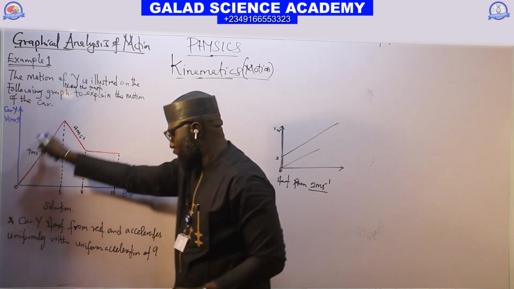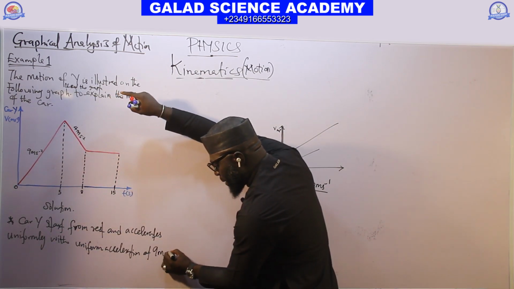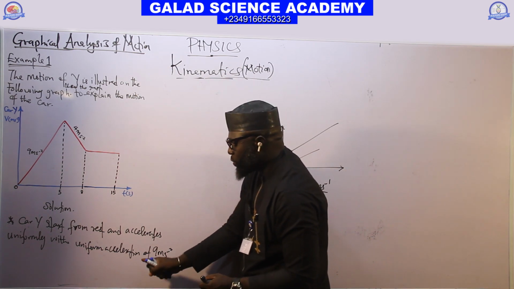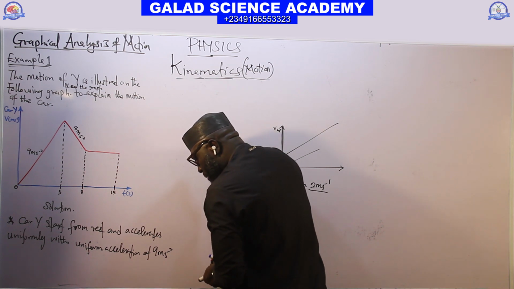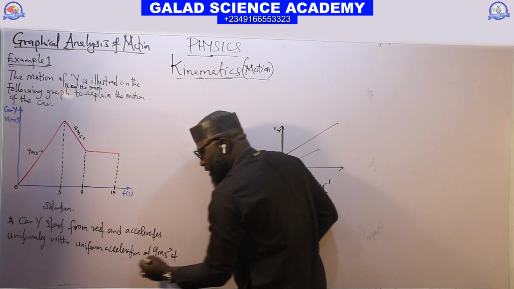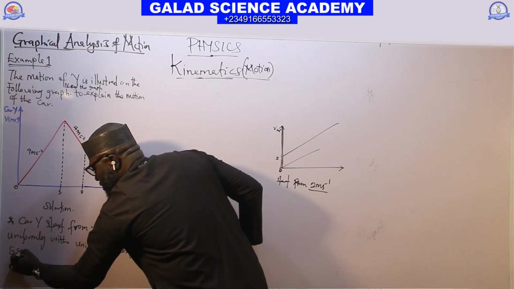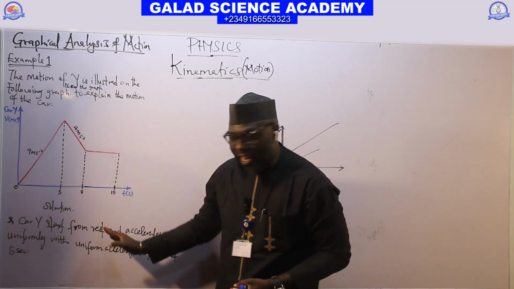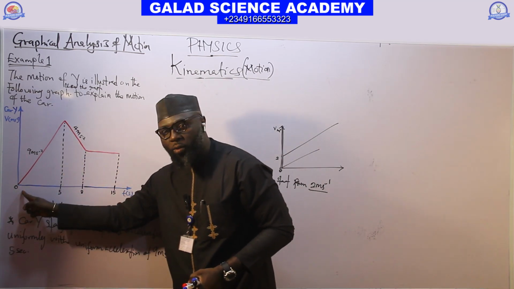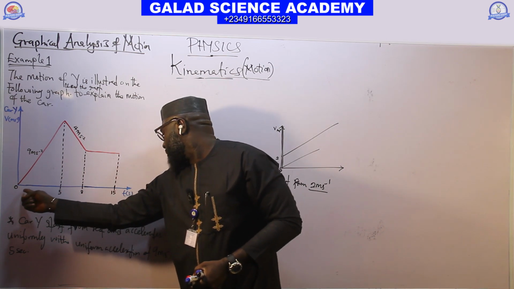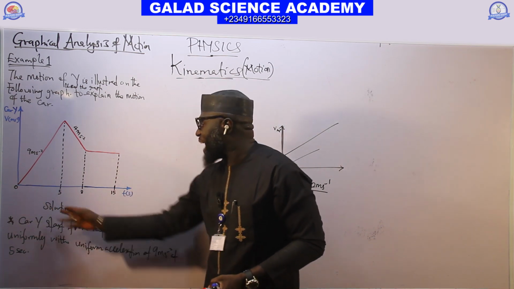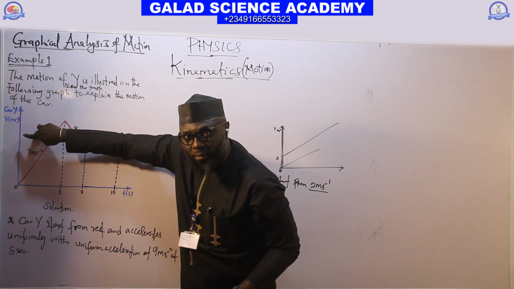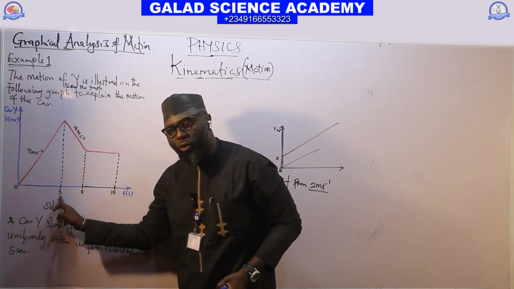So you interpret this graph now: the car starts from zero, which is at rest, and accelerates uniformly with uniform acceleration of 9 meter per second squared for 5 seconds.